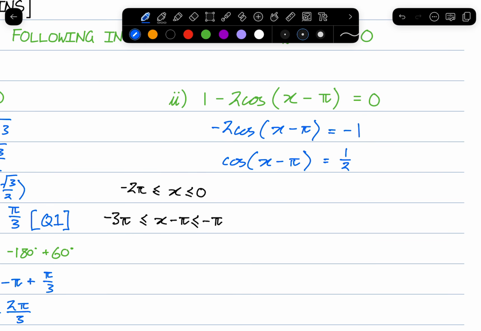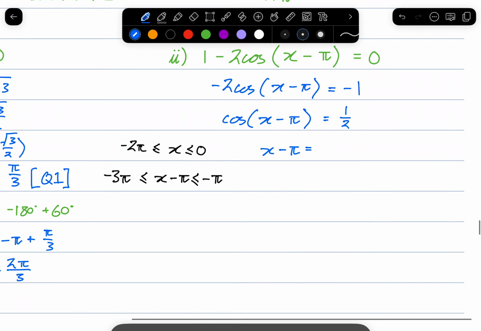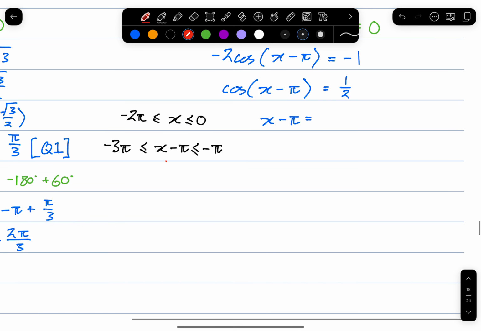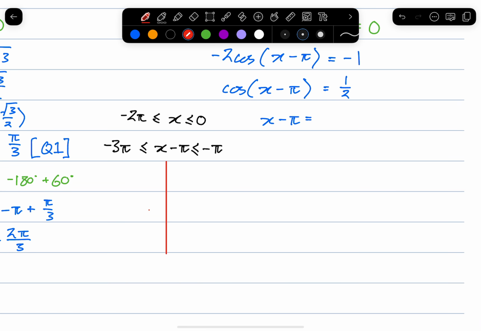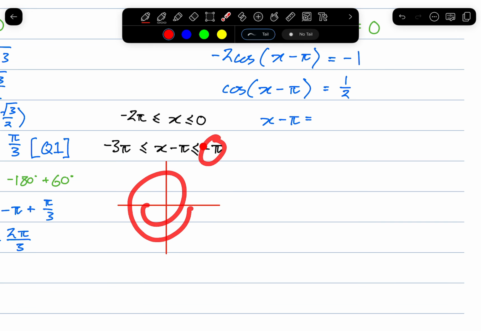So x minus pi equals, and graphing this out again just to visualize what we're looking for, from negative pi to negative 3 pi, we're looking from this way all the way around again. Negative 3 pi is here, and negative pi is, in this case, that one.